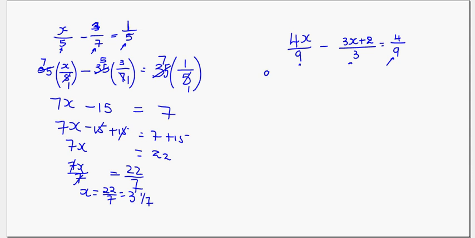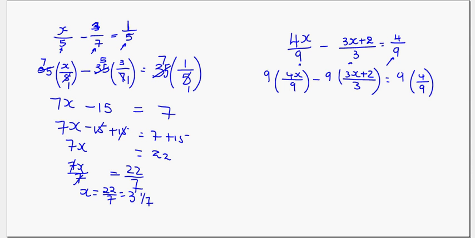So just to be consistent, we write it back. 9 multiplied by 4x over 9 here, minus 9 multiplied by 3x plus 2 over 3 will be equal to 9 multiplied by 4 over 9. Like that. Okay?